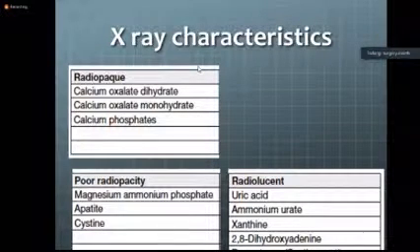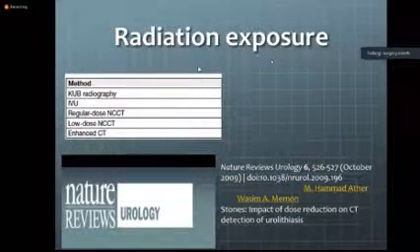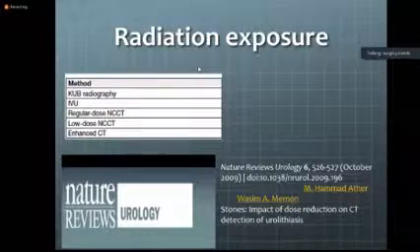So a plain X-ray gives you a lot of information about not only the stone's presence, but also from the perspective of how to follow them up subsequently and what type of stone you are expecting.